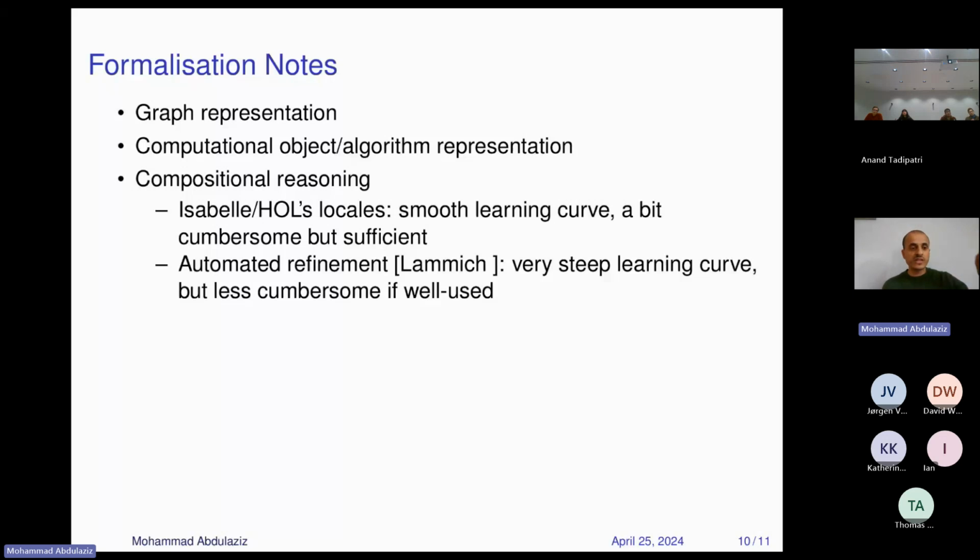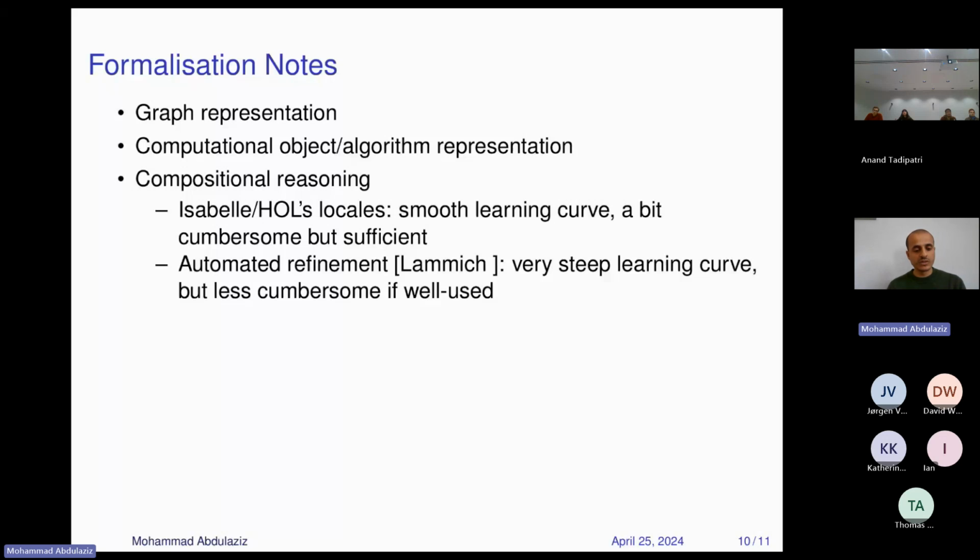In your locale, you would just fix a placeholder for an implementation of sets, let's say, or maps. If you want to implement a set in a way that is computable, you have to implement it, for example, as a tree or as an array or something else. So with a locale, you just assume that you have an implementation. You assume you have functions from an implementation, but you don't know how those functions are implemented, and you do all your proofs like that.